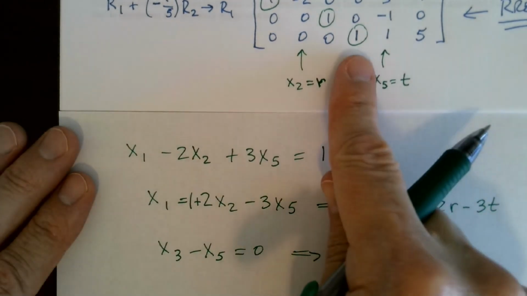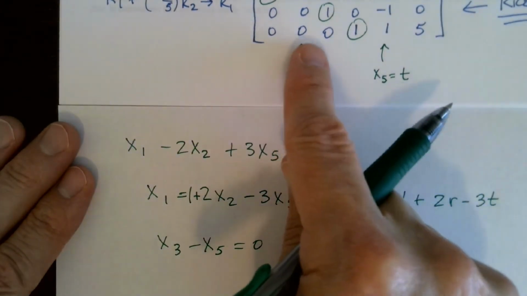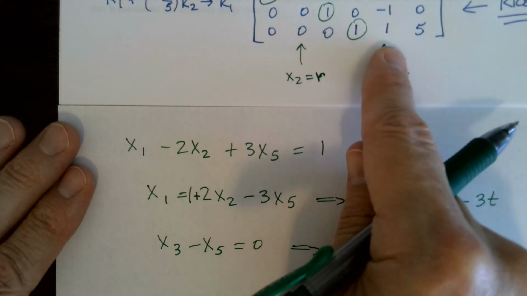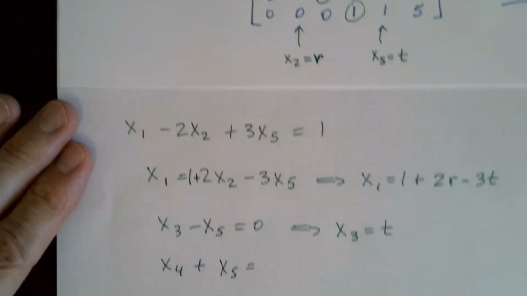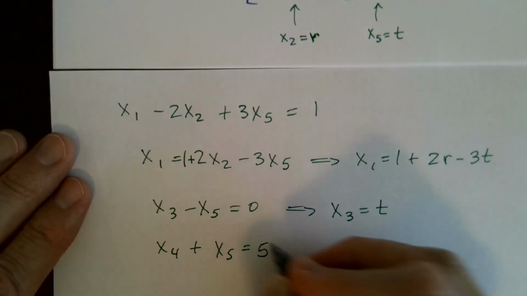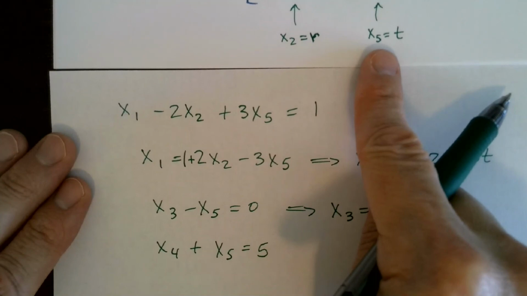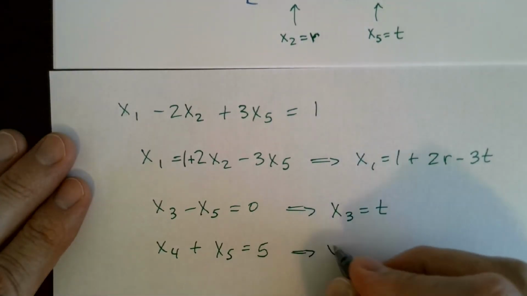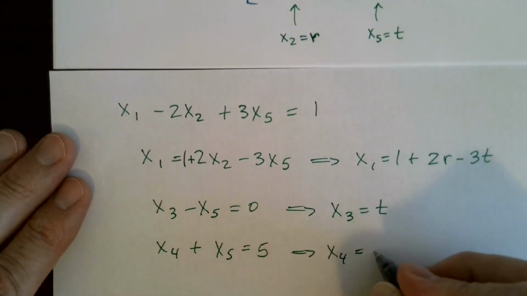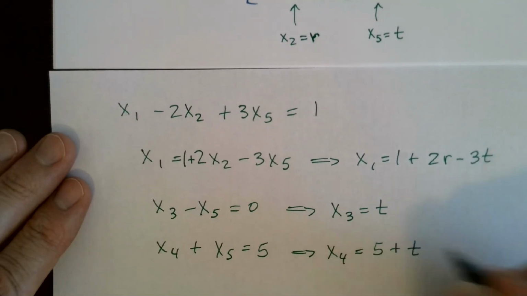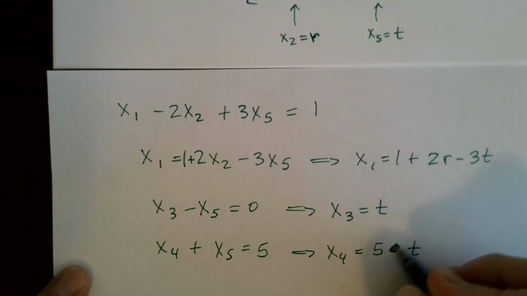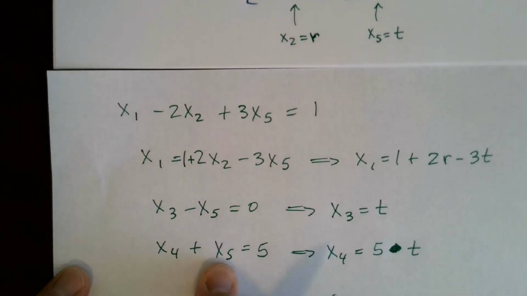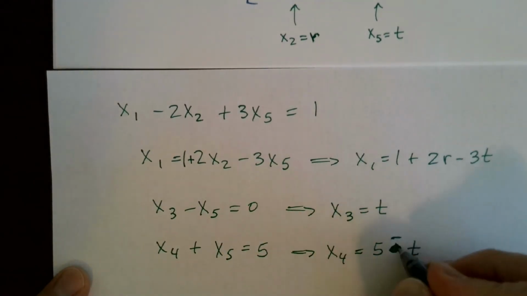And the last equation says x of 4 plus x of 5 is equal to 5. Remember, x of 5 is t, and so if I solve for x of 4, this is 5 minus t. Subtract x of 5, 5 minus t.